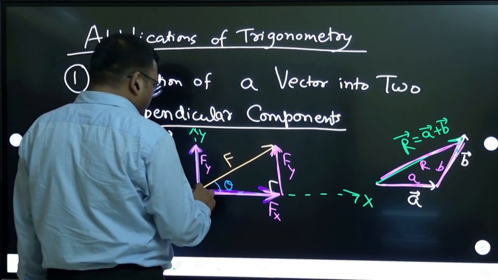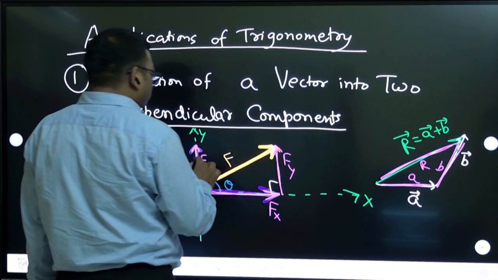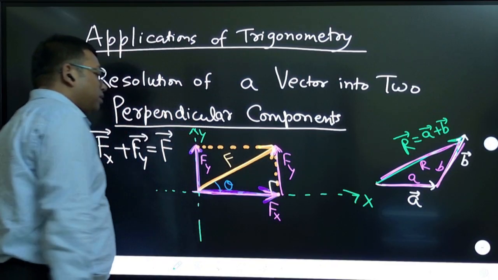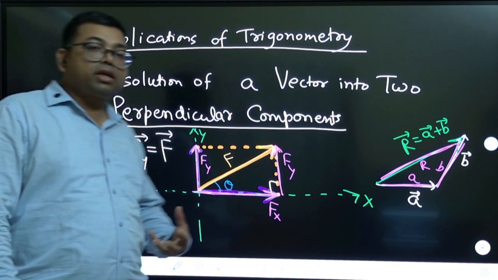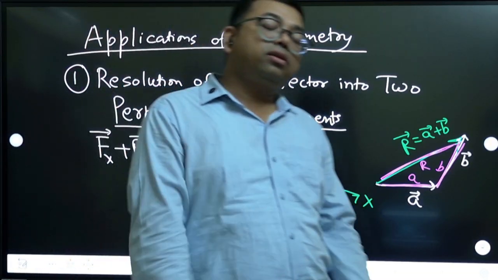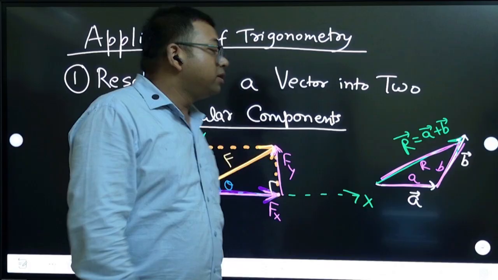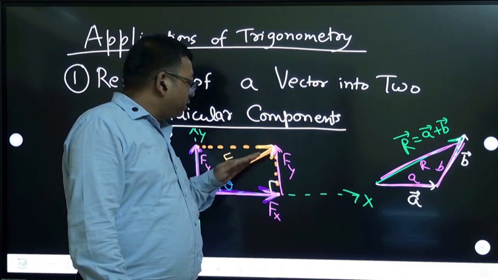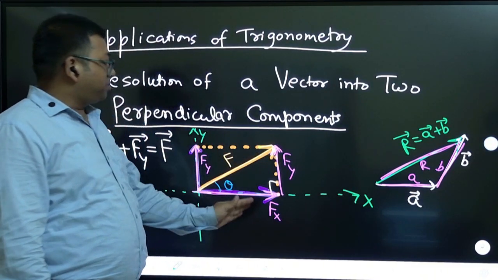The diagonal will be like this. Okay. So parallelogram law and triangle law are not different. They are giving the same result, right? Because the third side of the triangle is the diagonal of the parallelogram.